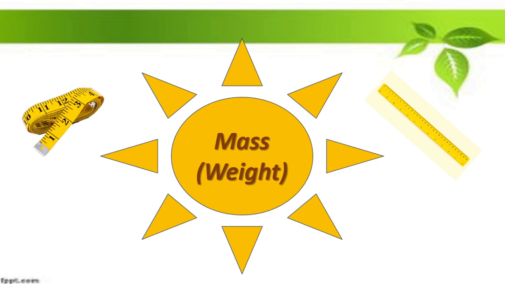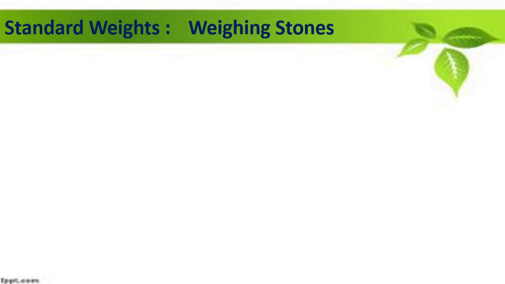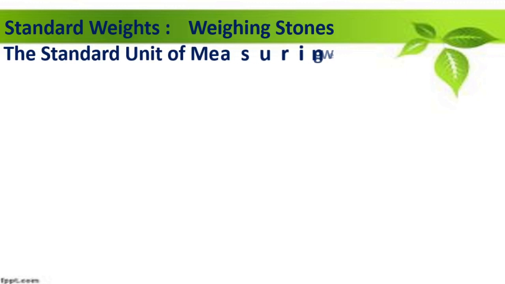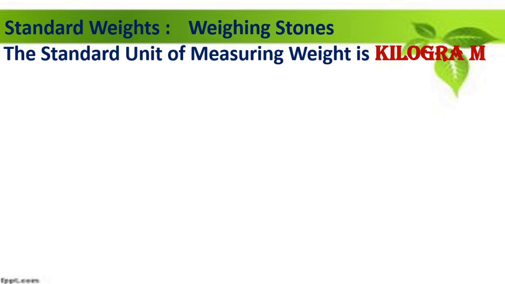Let us go through standard weights. Okay, we use standard weights or weighing stones to measure the mass or weight of an object. Now here the standard unit of measuring weight is kilogram.